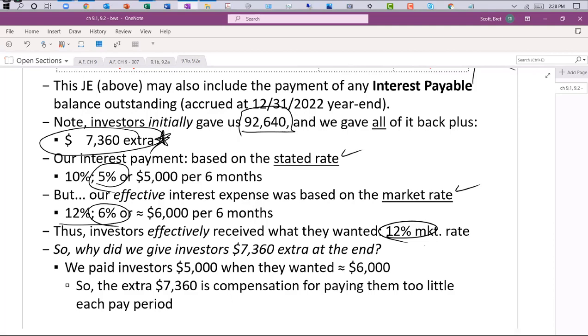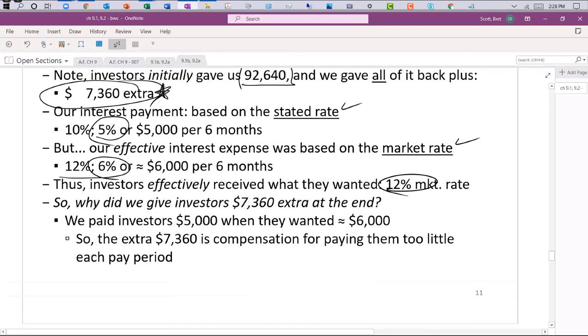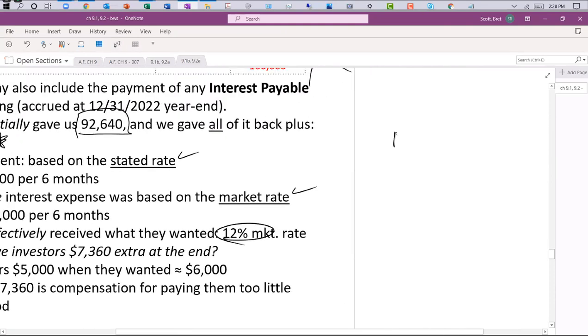The extra 1%, we just kept track of and paid them all that difference at the end when we paid off the loan. So the face value payoff, we know that it was $100,000, right? But the investor is looking at this and saying, well, 92,640, that's how much I invested.